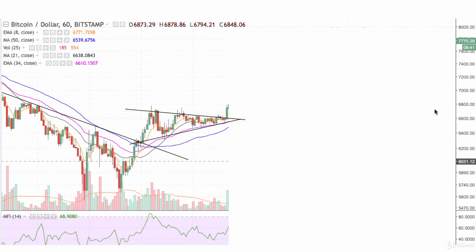If your support is 1 point lower and your reward is 4 points higher, that's a good risk-reward ratio.